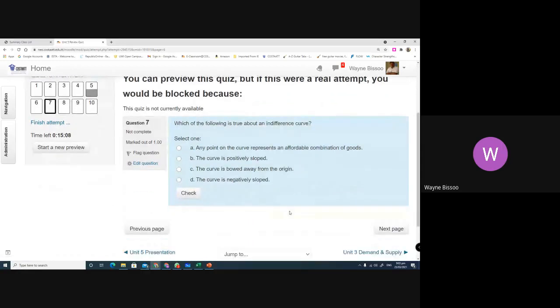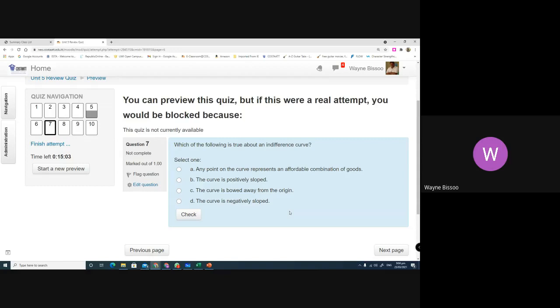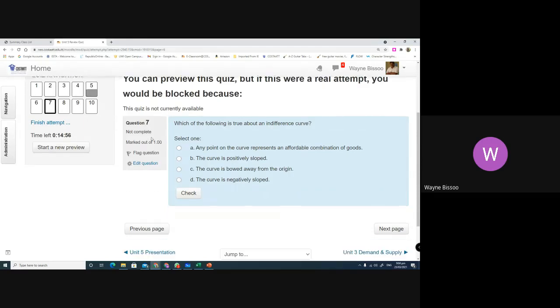What about this one here? Which of the following is true about an indifference curve? Is it A, any point on the curve represents an affordable combination of goods?